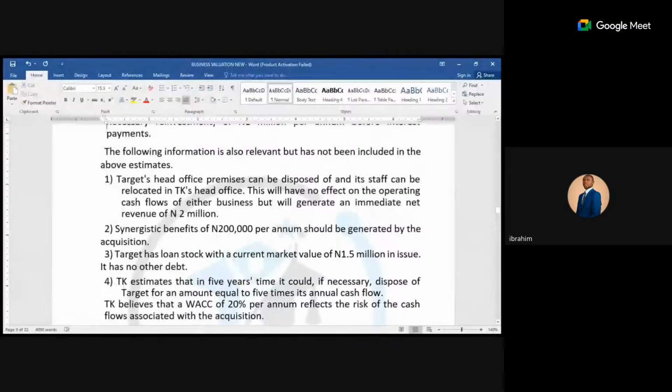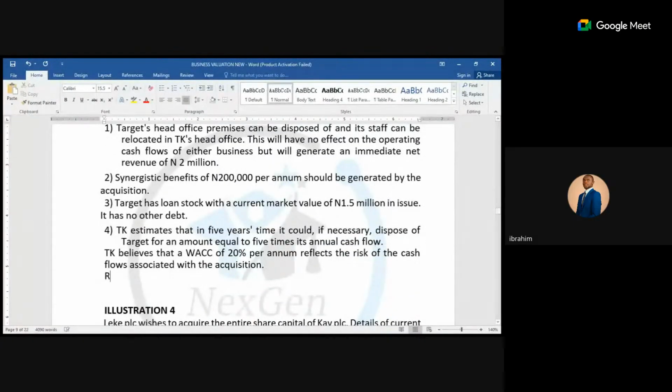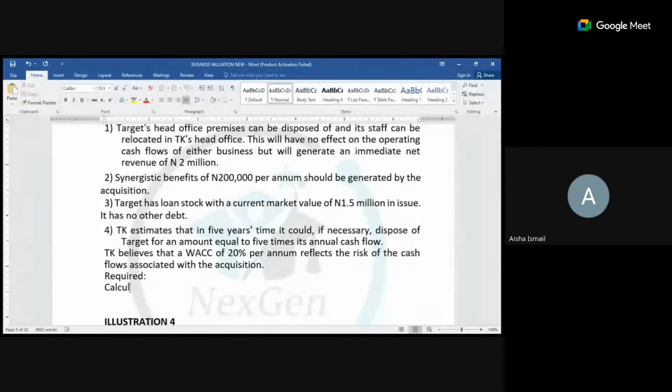What is it required? Please, can someone read for me? Required: maximum price to be paid for target PLC.